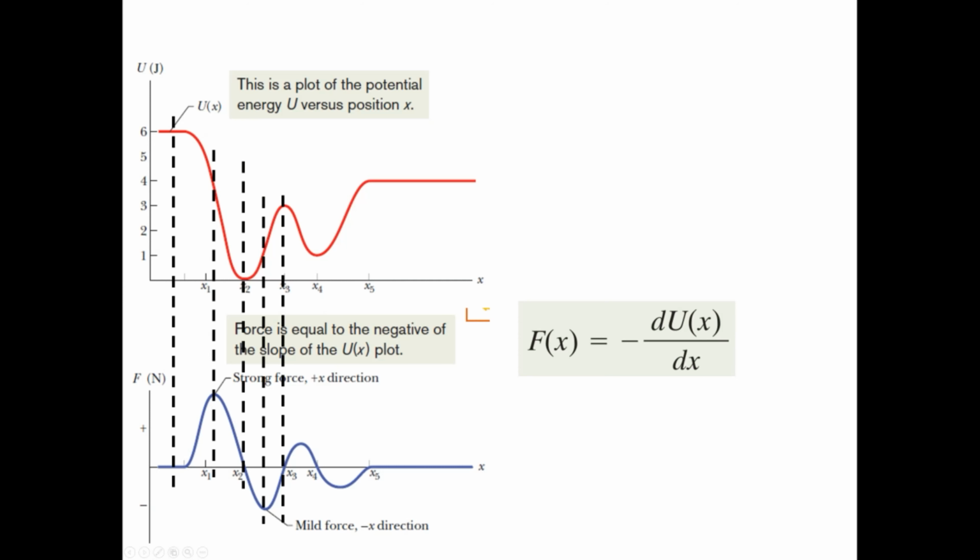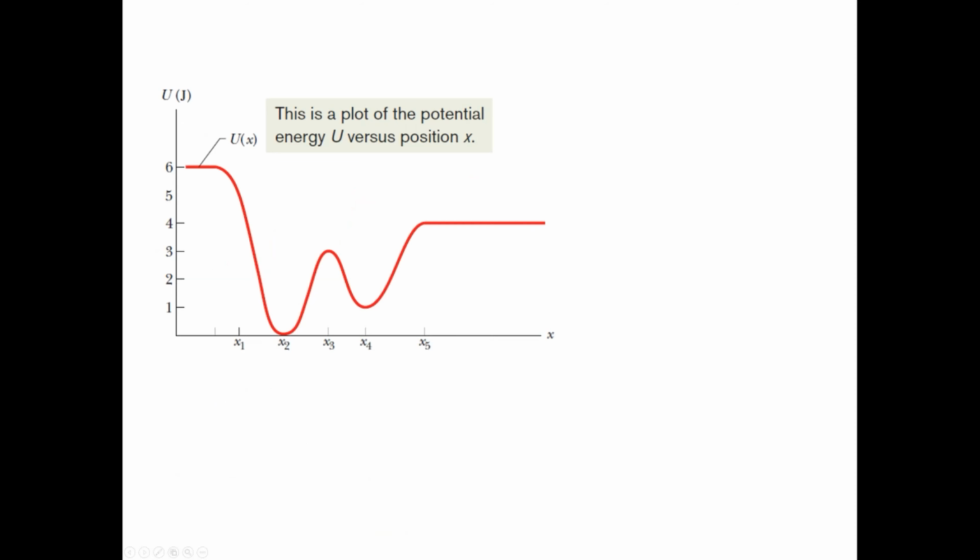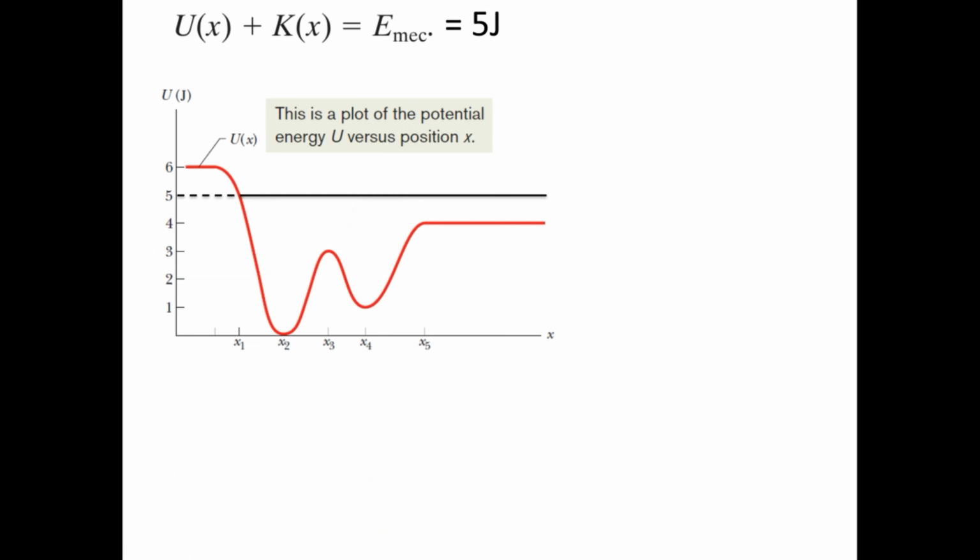Again, 0 slope, 0 force, and you are starting to see the idea of what is happening. And then eventually, when you have an entirely flat slope, you get an entirely flat force. So you don't experience any forces anymore. Let's take an example in numbers.